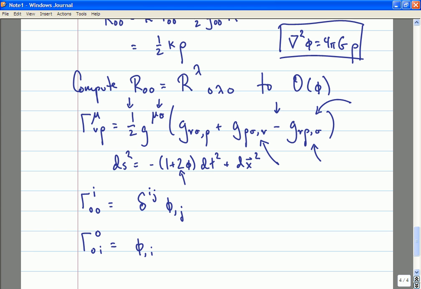So you'll have a minus 1/2 to cancel the -2 in the metric. And these are the only non-zero Christoffel symbols, which I've written down only to order phi. Is that clear? Any questions on that?